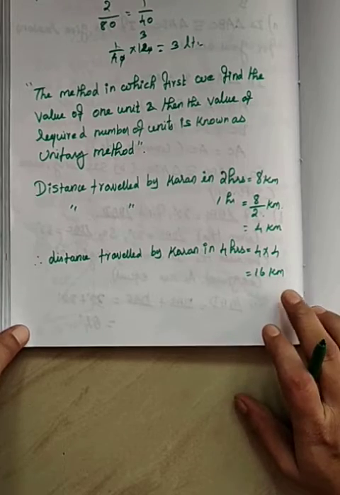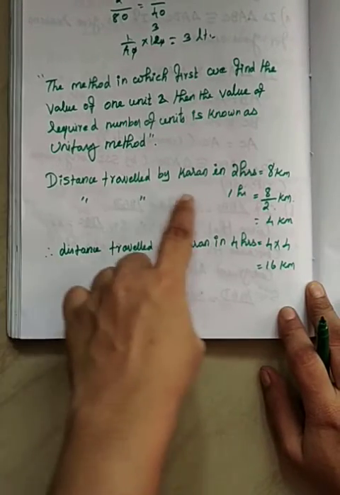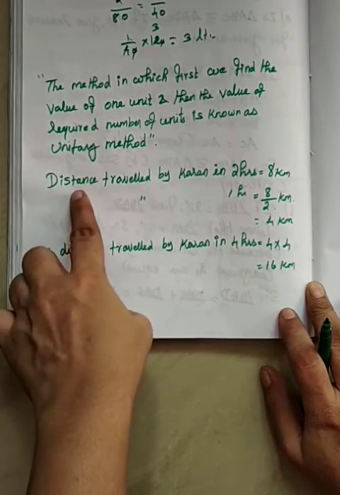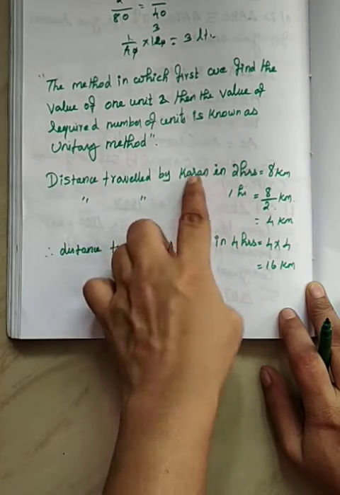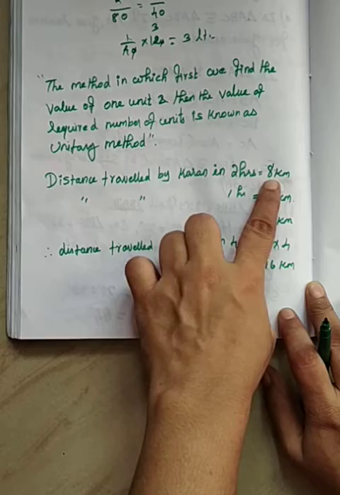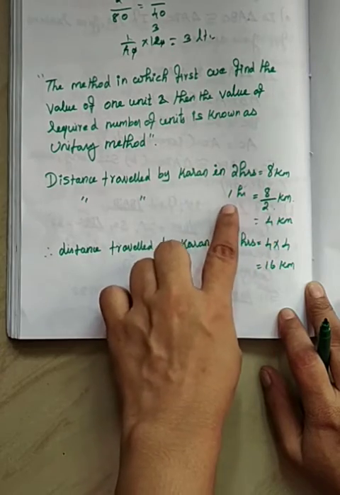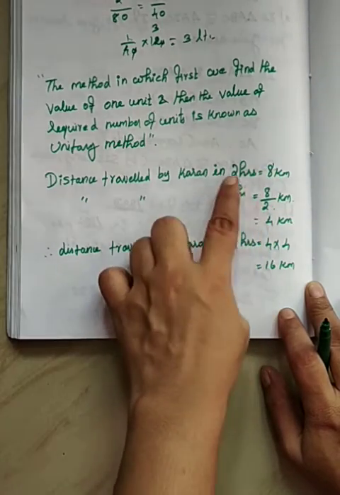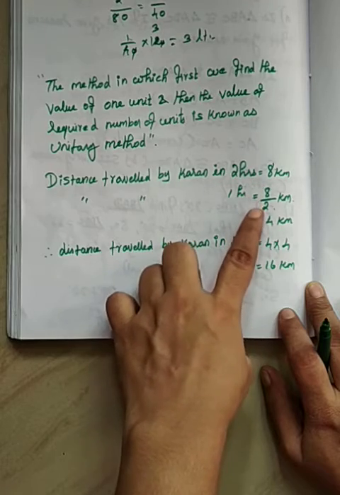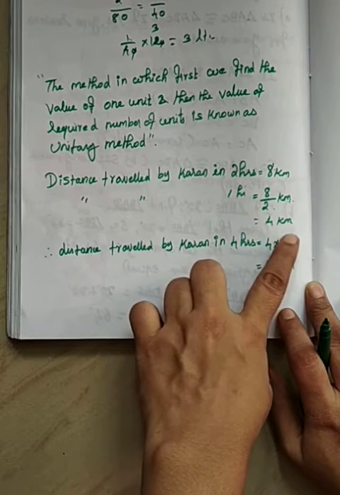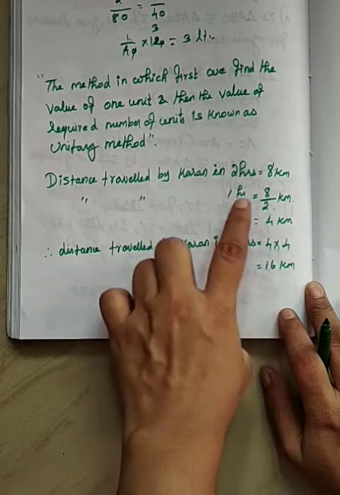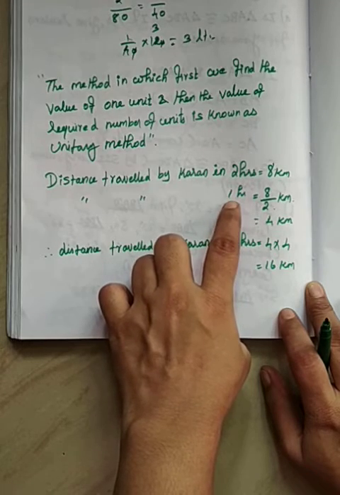Everybody clear in this example? The distance travelled by Karan in 2 hours is 8 kilometers. Now you want 1 hour, so you have to find 8 divided by 2. You will get 8 by 2 is equal to 4 kilometers.